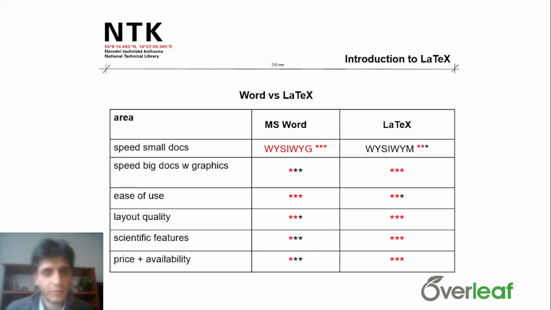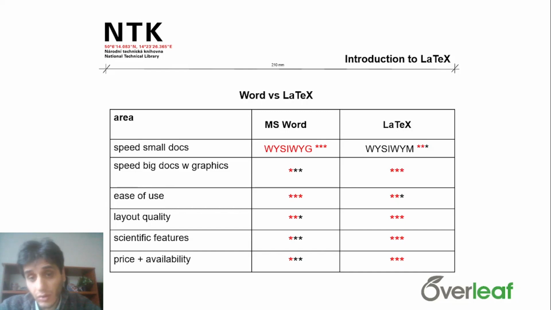Here is a small comparison between Word and LaTeX: when we have to use Word and when we have to use LaTeX. If we are talking about small documents, Word is the best software to generate them, because Word can create simple documents immediately.